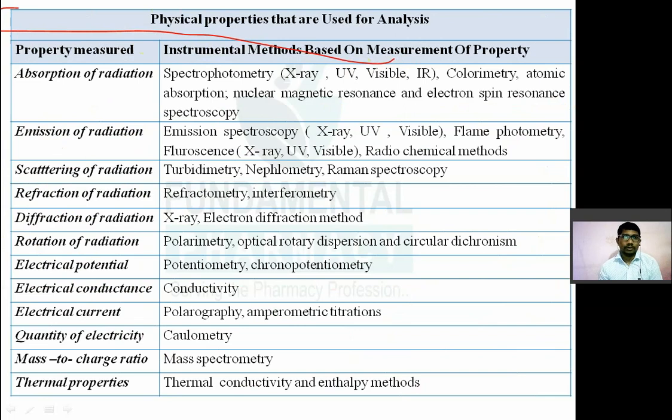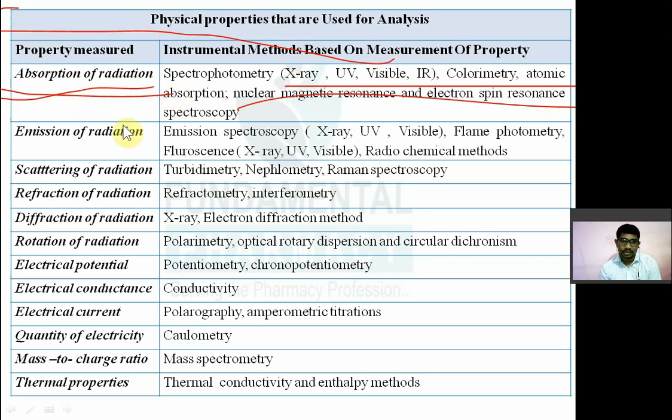Okay, so absorption of radiation is measured in these kinds of spectroscopy: X-ray spectroscopy, UV visible spectroscopy, IR spectroscopy, then colorimetry, atomic absorption spectroscopy, nuclear magnetic resonance, electron spin resonance spectroscopy. ठीक है, UV, IR, visible, X-ray, colorimetry, atomic absorption, NMR, electron spin resonance. So these are the techniques of spectroscopy where you measure absorption of radiation.